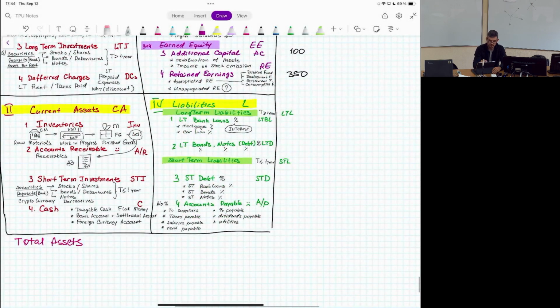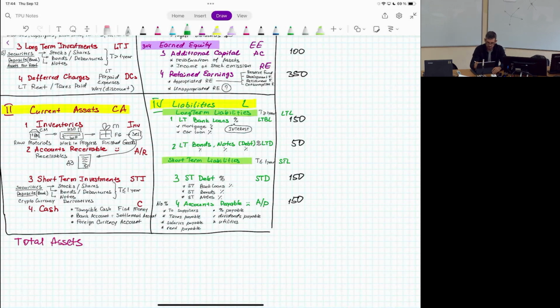Good. And finally, let's go to the liabilities. Long-term bank loans will be 150. Long-term bonds and notes and debentures will be 50. Short-term debt will be 150. And accounts payable in all forms and sizes 150. Okay, but here we will have two numbers. Not only just, well, we can do the total, but also long-term liabilities and short-term liabilities.